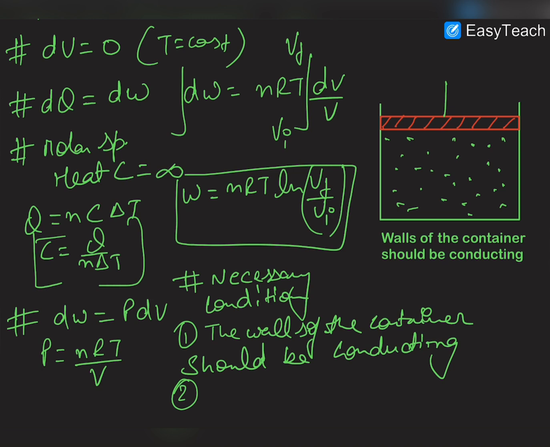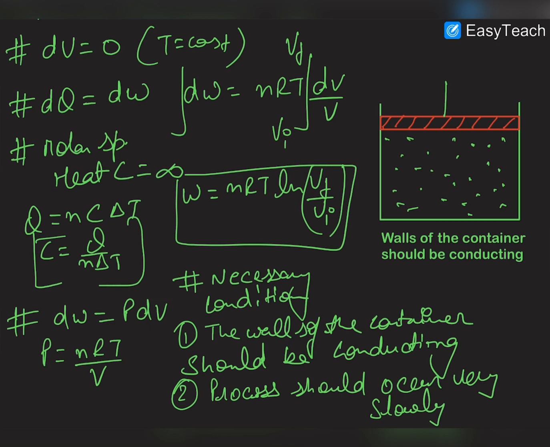So as we compress the gas, the extra heat would be disposed of simultaneously, and the temperature of the gas will remain constant. So this is very important: the process should occur very slowly. These are the two necessary conditions for an isothermal process.